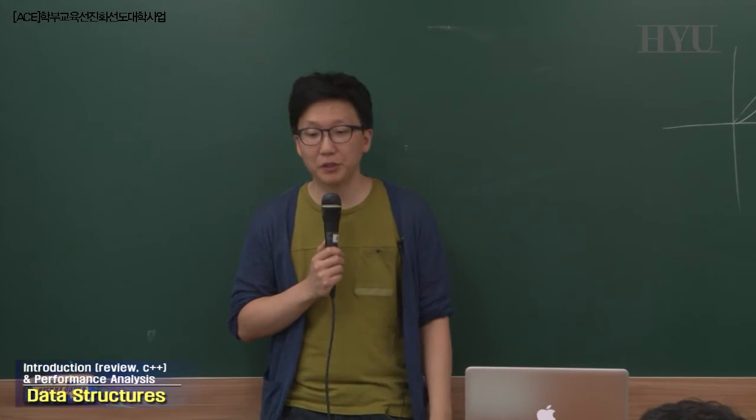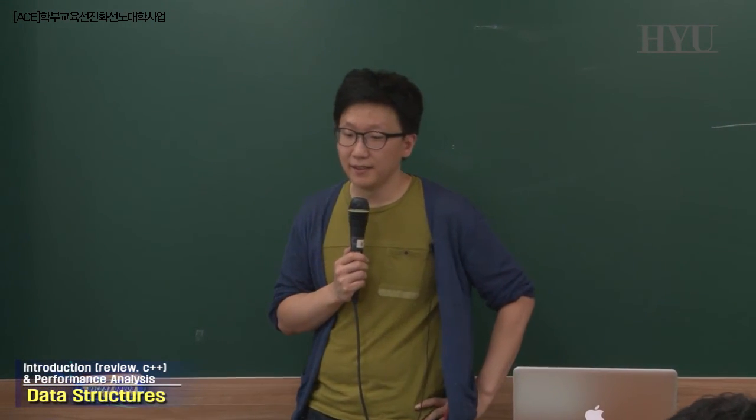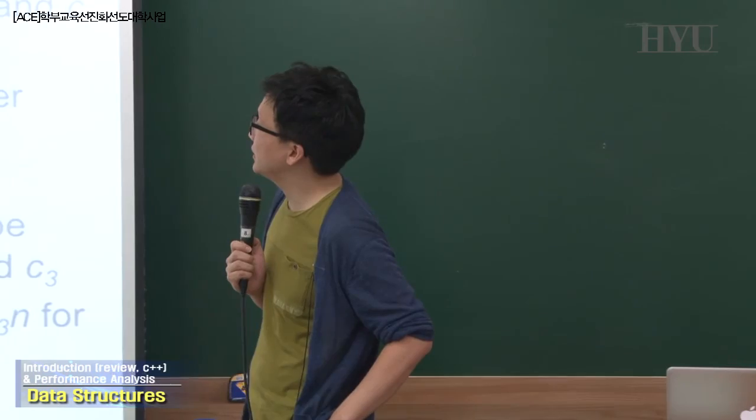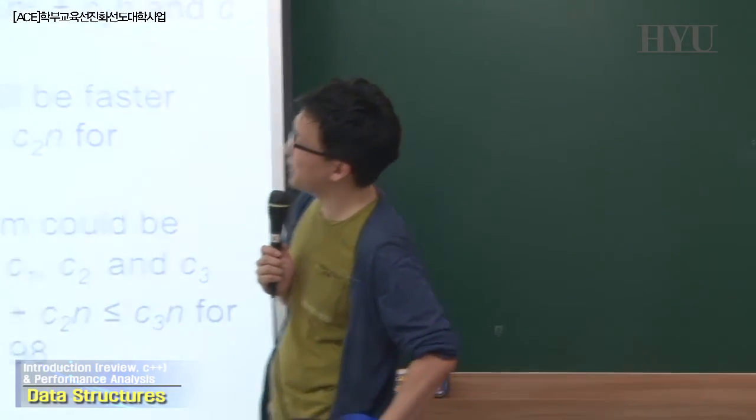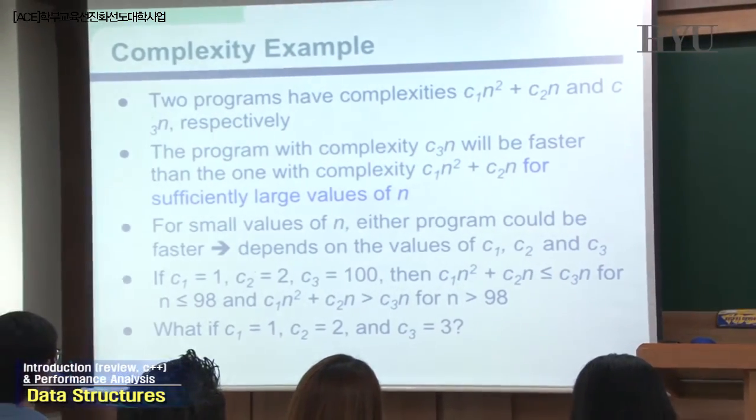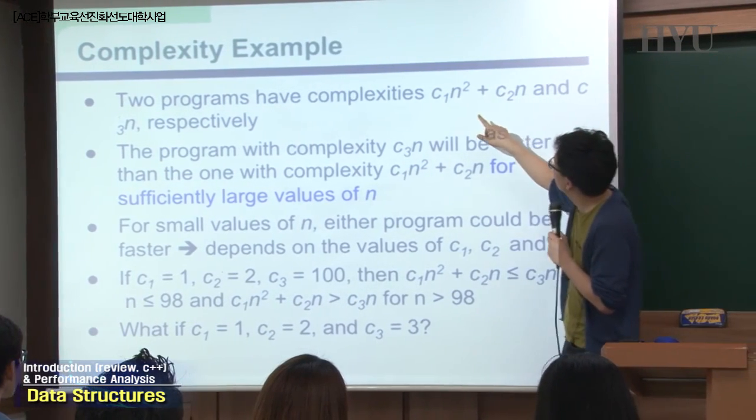Complexity examples. Two programs have complexity c1 n squared plus c2 n and c3 n respectively.